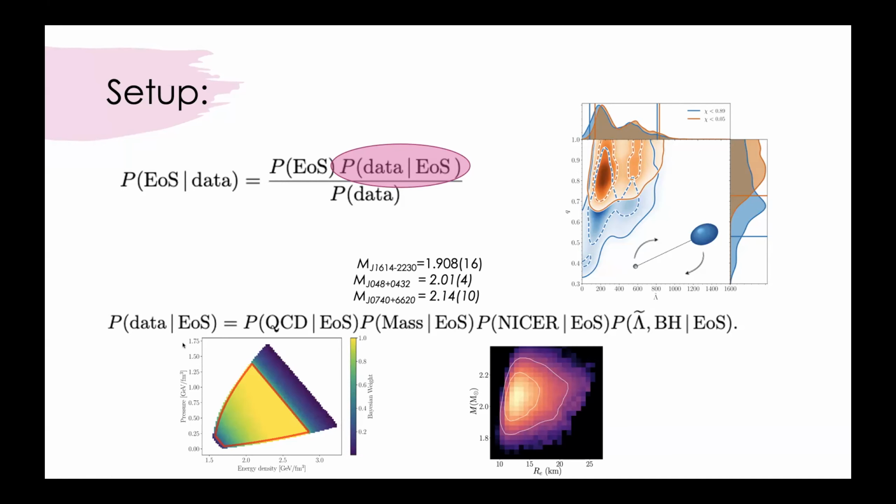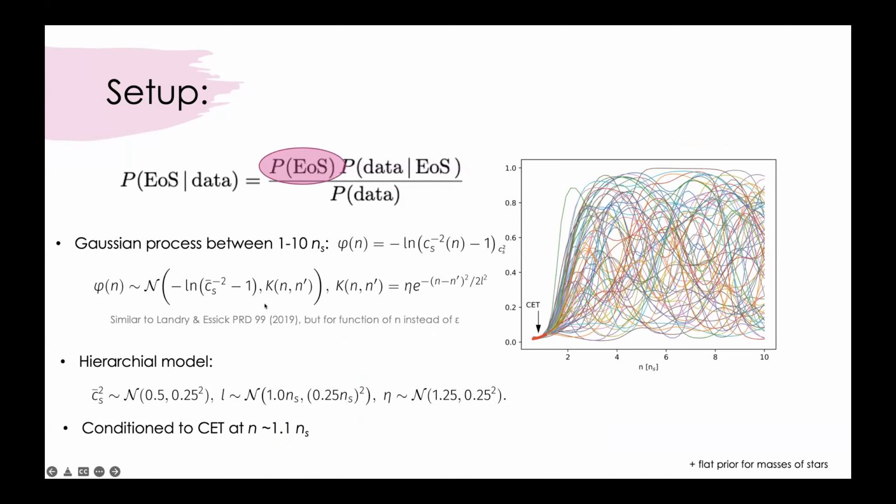In particular, we are quite closely following the work of Landry and Essick. The main difference is that this auxiliary variable is for us a function of the number density instead of the energy density, so that we can impose our constraints.